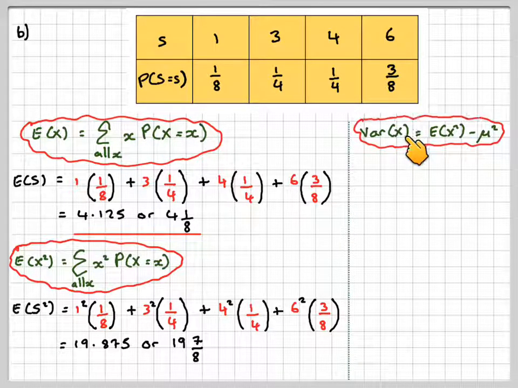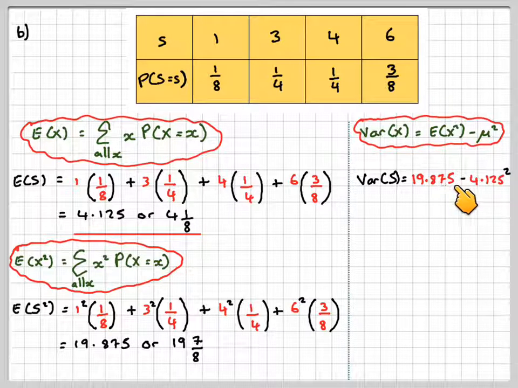The variance of a random variable is E of X squared minus the mean squared. So the variance of S will be 19.875 minus 4.125 squared, which gives me 183 over 64.